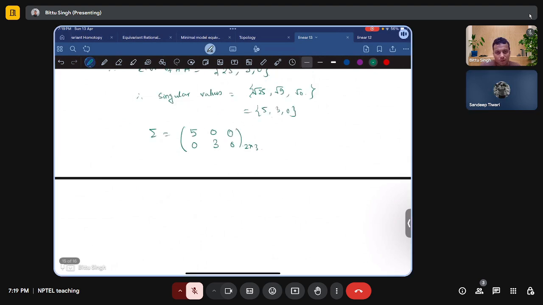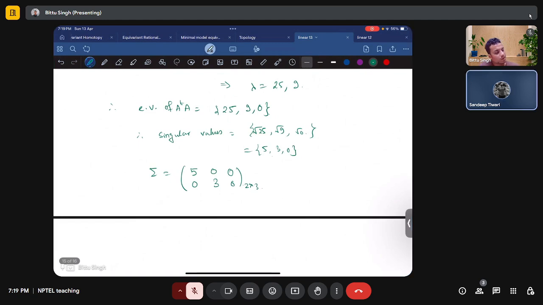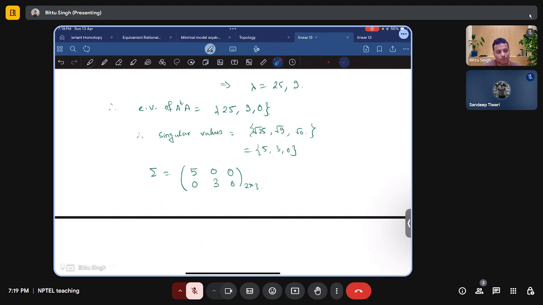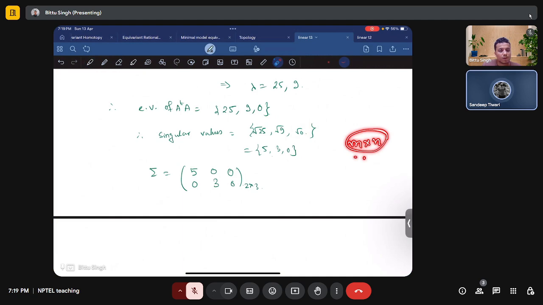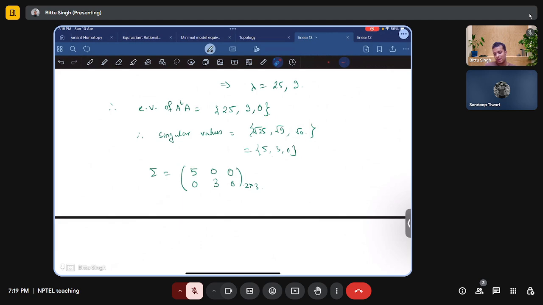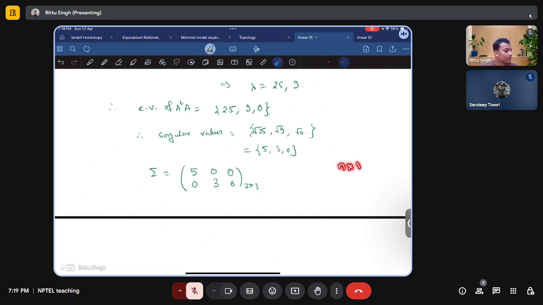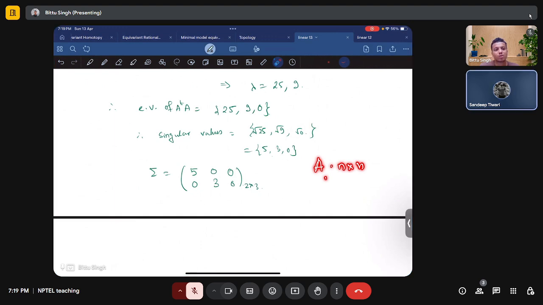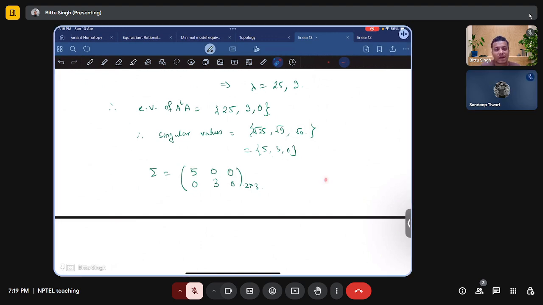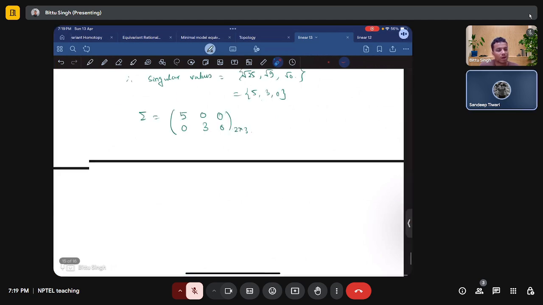One eigenvalue must be 0 because it is an m by n matrix, and the rank will be less than or equal to the smaller dimension, so at least one value will always be 0. If you start with an n by n matrix, then 0 may not appear, because in those cases it can happen that it is diagonalizable.